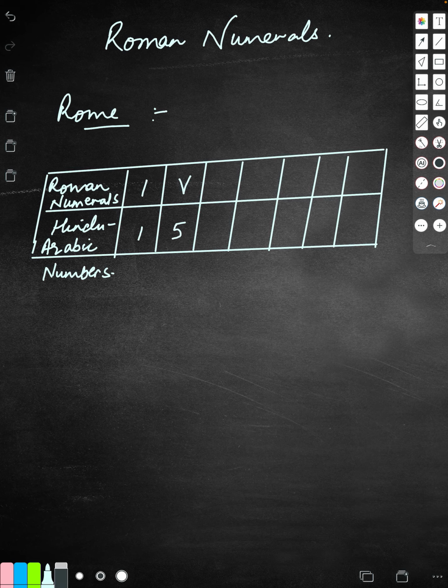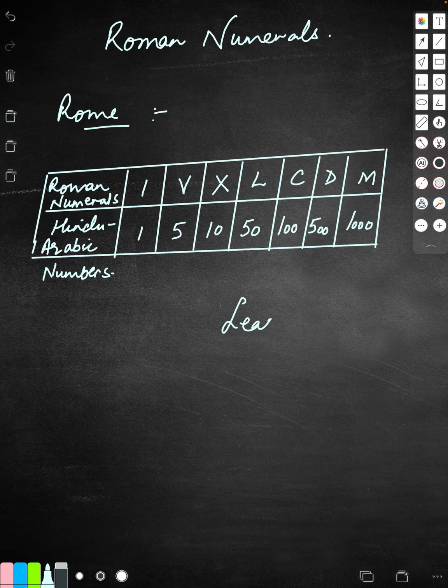Then the symbol X, whose value is 10. Then L, whose value is 50. Then C, whose value is 100. And then they had D and M. The value for D is 500 and the value for M is 1000.